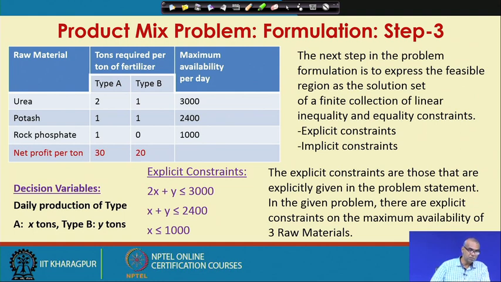For example, urea, the maximum availability per day is 3000 ton. For potash, the maximum availability per day is 2400 ton, and for rock phosphate, the maximum availability per day is 1000 ton.